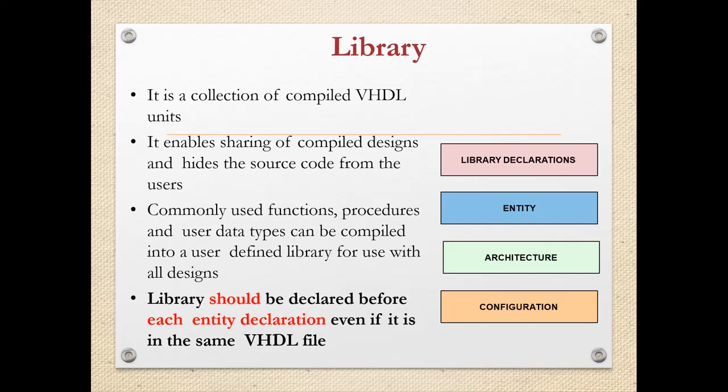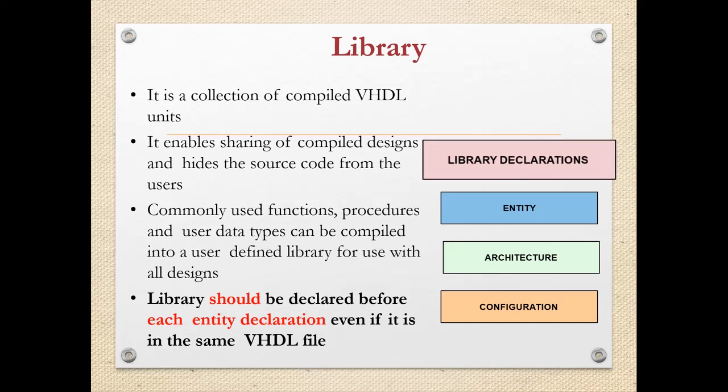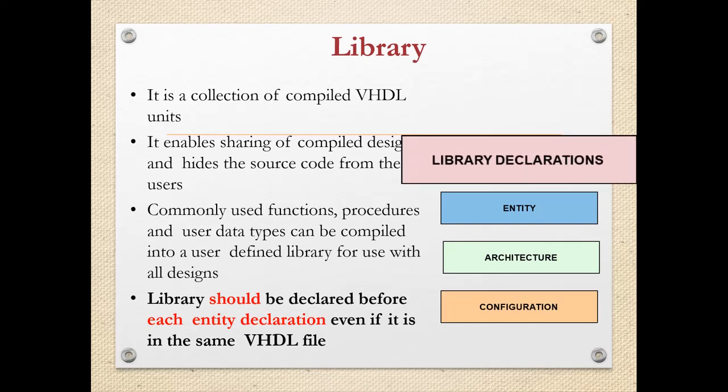A library is a collection of compiled VHDL units, and it enables sharing of compiled designs and hides the source code from the user. Commonly used functions, procedures, and user data types can be compiled into a user-defined library for use with all designs.